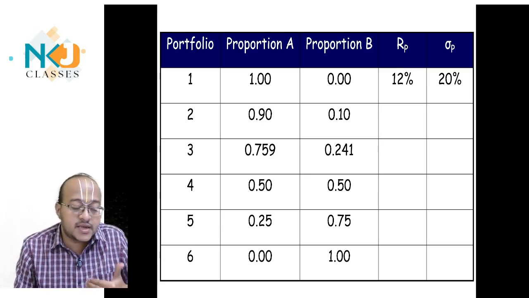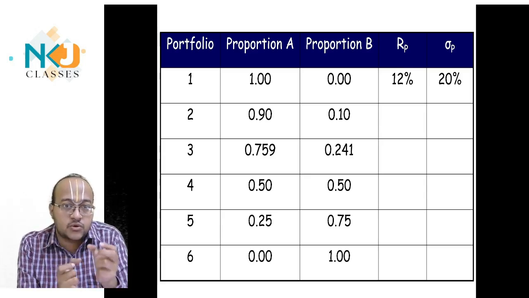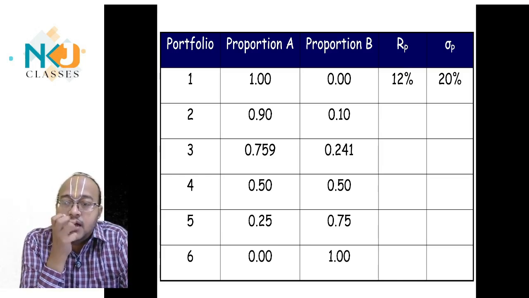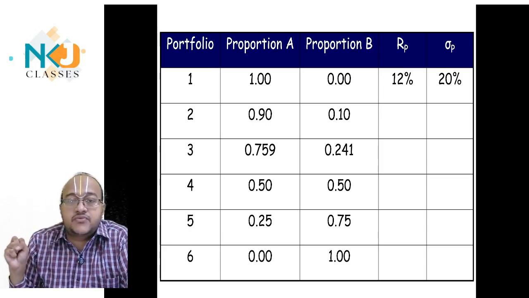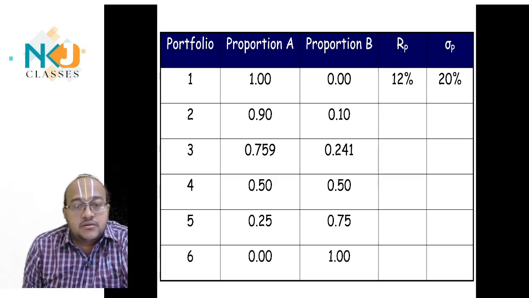Now in the second row, we will reduce security A by 10%, which means 100% was security A's weightage, we will reduce 10% from it and inject high risk, high return security into it.